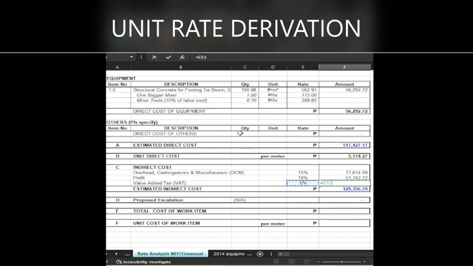So we will multiply this one from the summation of this one plus this one plus the estimated cost, times this one. So this is 32,339.